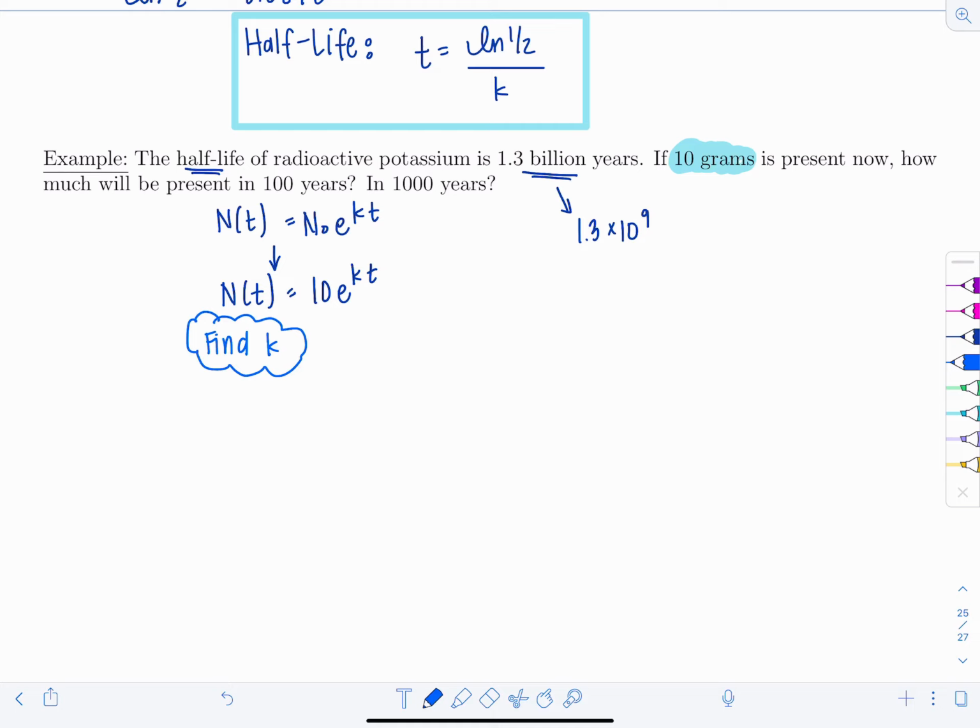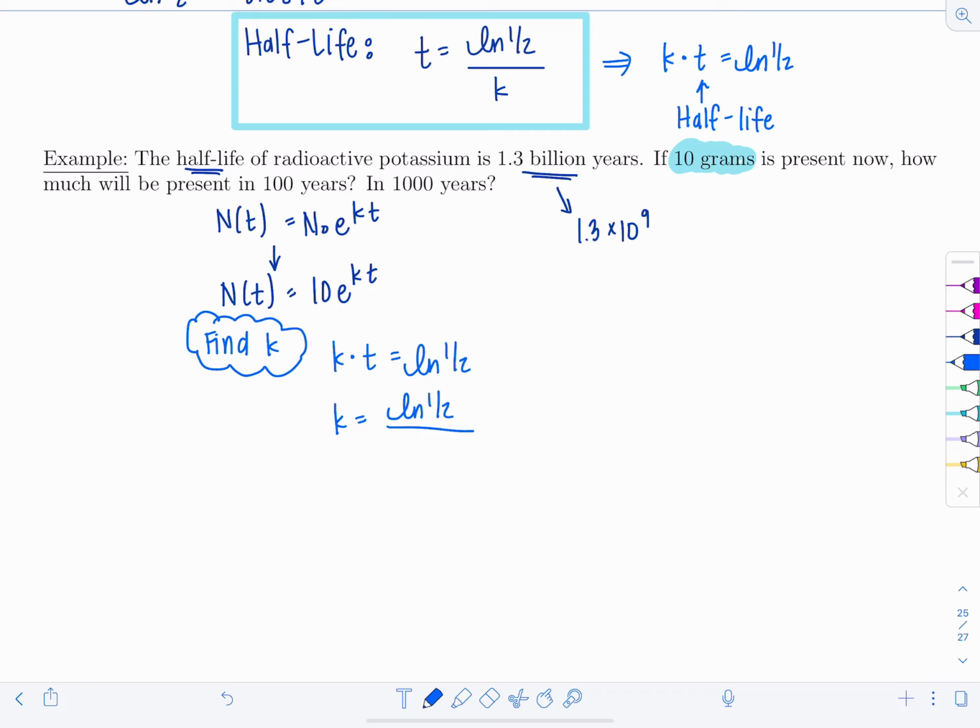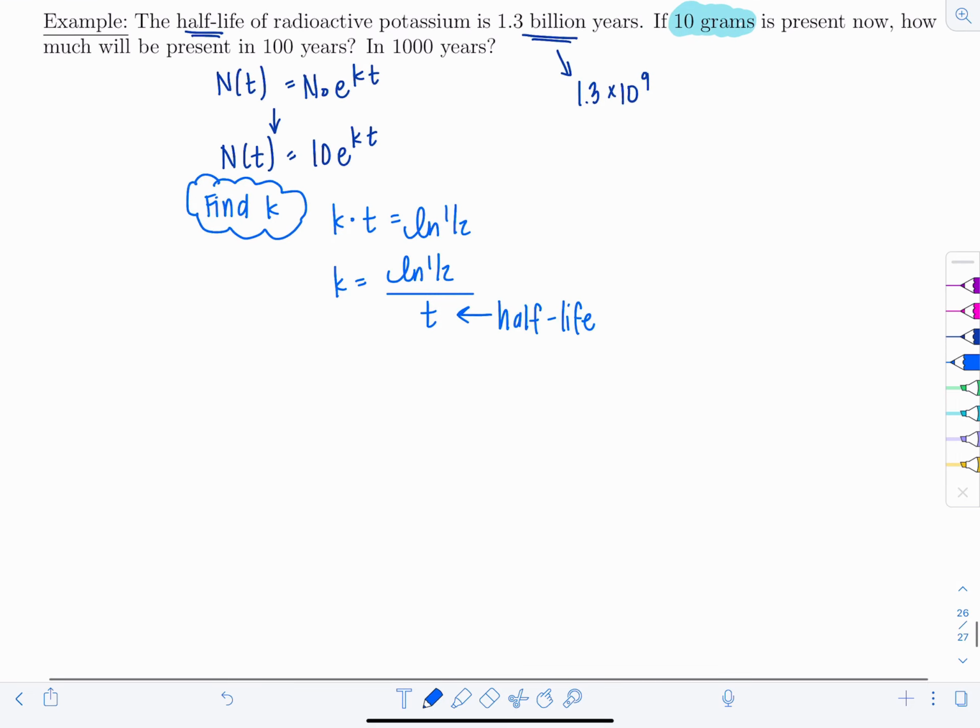They gave me the half-life. This means that k times t is equal to ln of 1/2, right? Where this is half-life. That t is a special t. That's the half-life t. So that means k times t is ln of 1/2. So k equals ln of 1/2 over t half-life, which I know is 1.3 times 10 to the 9th.